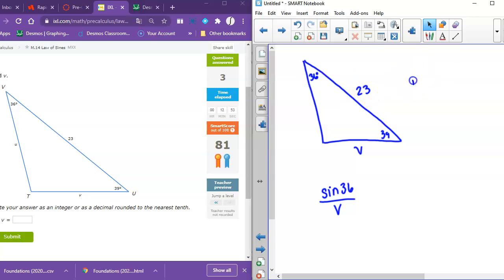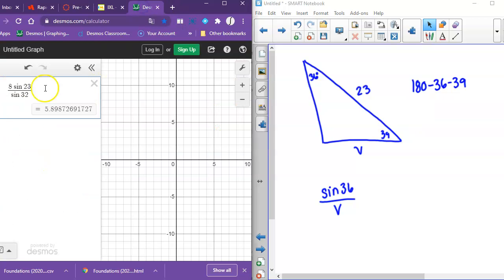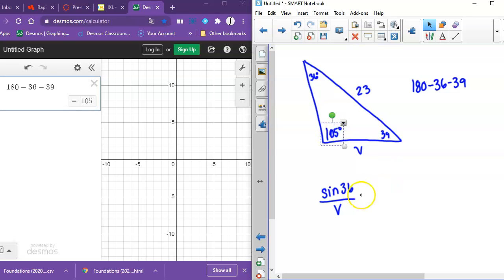So again, really easily, we can just do 180 minus 36 minus 39, and if we do that really quickly, 180 minus 36 minus 39 is going to give us 105 for that angle. So to set this up, we're going to have sine of 105 over 23. And like we've done for the others, we're just going to cross multiply here.